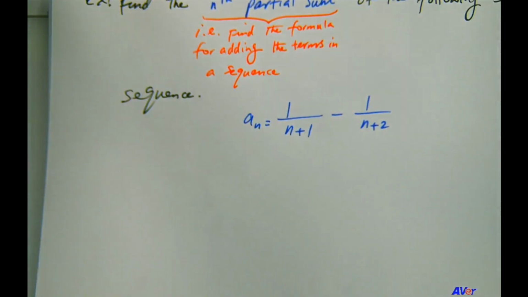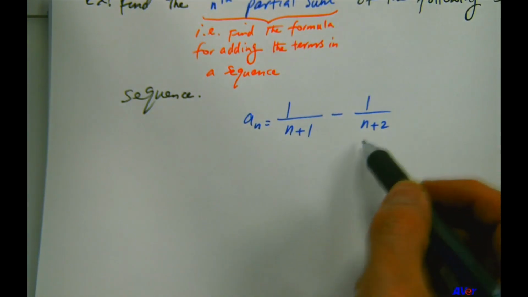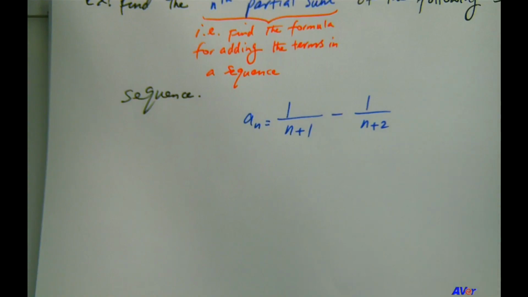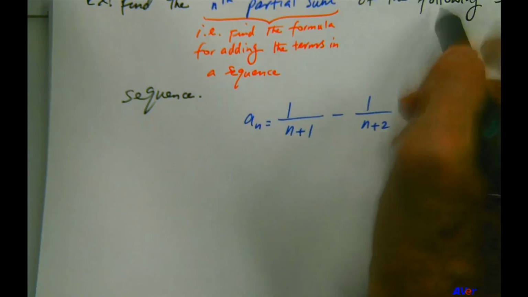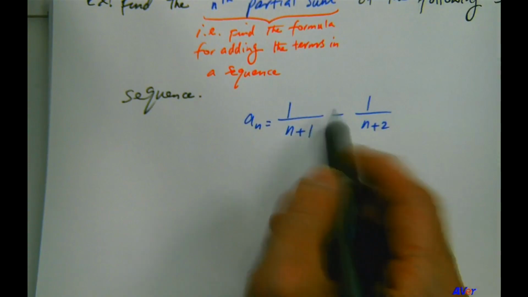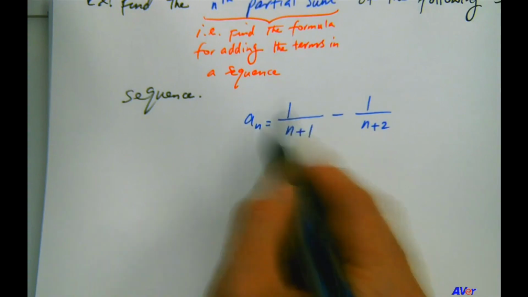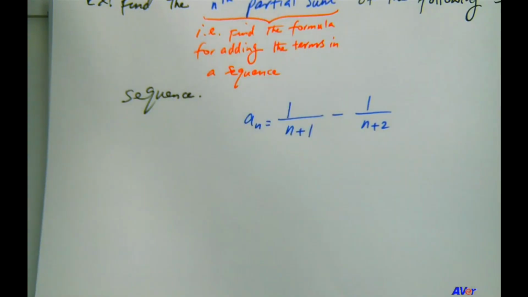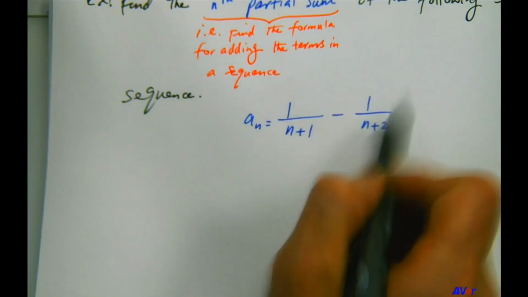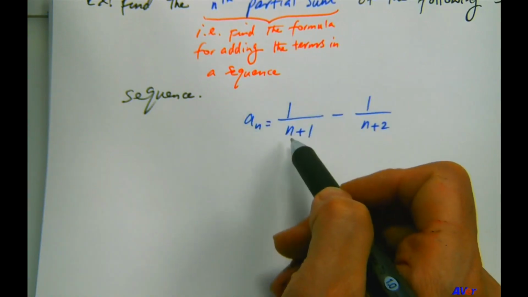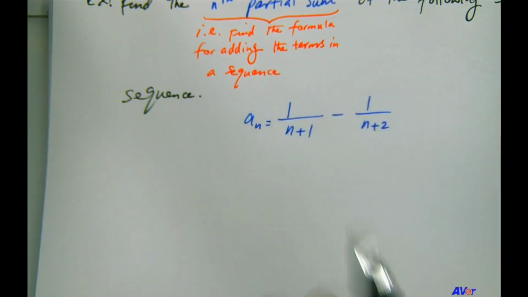Okay, so now, we are given this sequence, the nth term of a sequence, and we are asked to find the partial sum for this. So in other words, for the sequence that results from this nth term, we want a formula for the sum of those numbers.